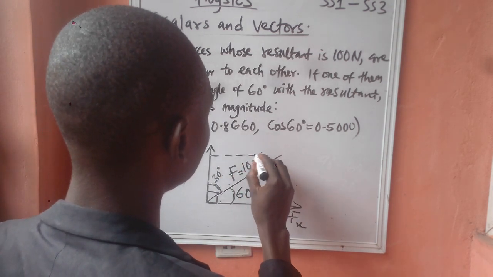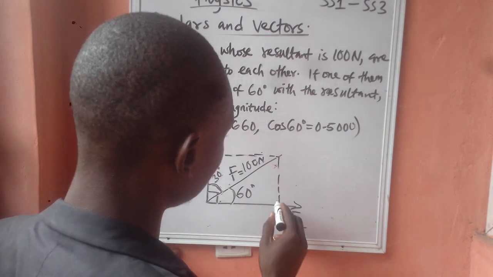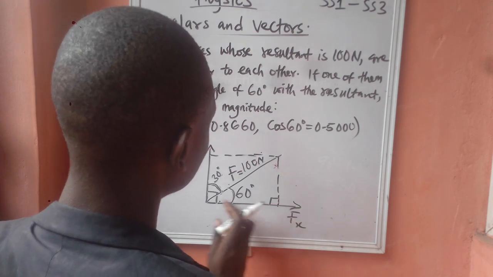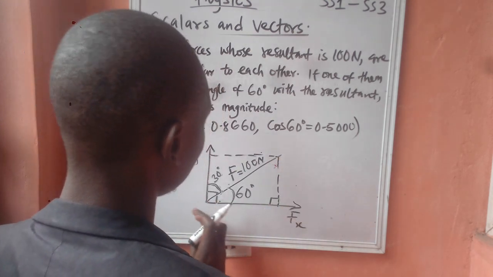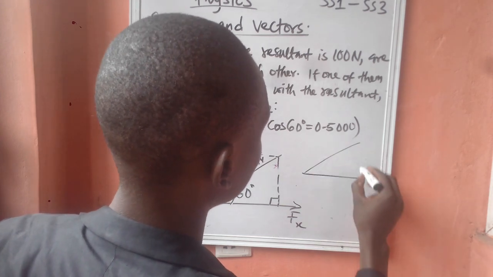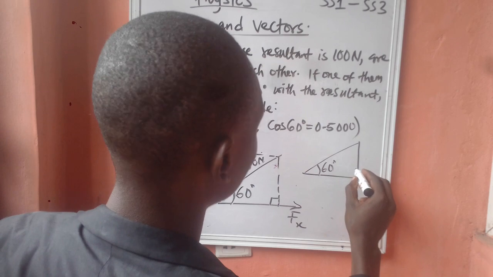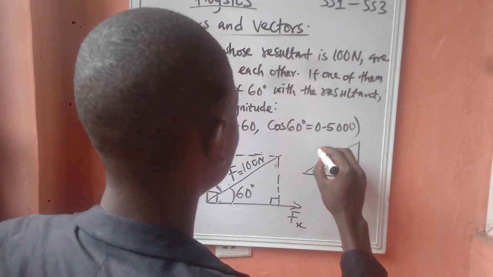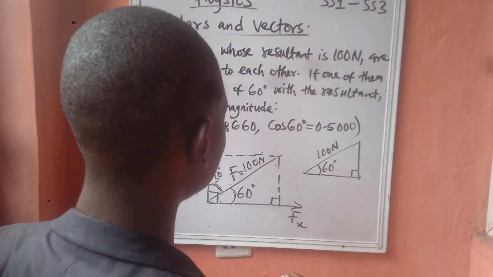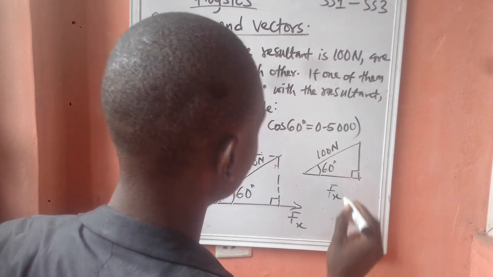Okay, let's look for the magnitude. What we simply do is cut out this section, and you'll have this. This is 60 degrees, this is 90, and this is 100 Newton. Fx is what we are looking for.